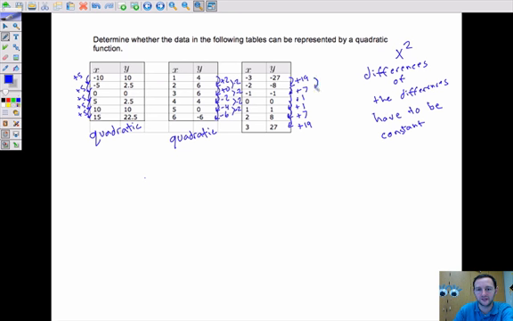Then differences of the differences, that's minus 12, minus 6, 0, plus 6, plus 12. The differences of the differences are not constant, they're not the same. So this is not quadratic.